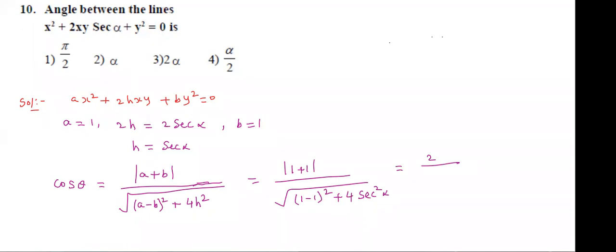Root of 4 secant square alpha, that is 2 secant alpha. The 2s cancel. Now cos theta is equal to 1 by secant alpha, that is cos alpha. Now comparing both, what is the theta value, students? Alpha. This is the answer. Which option is correct? Second option.